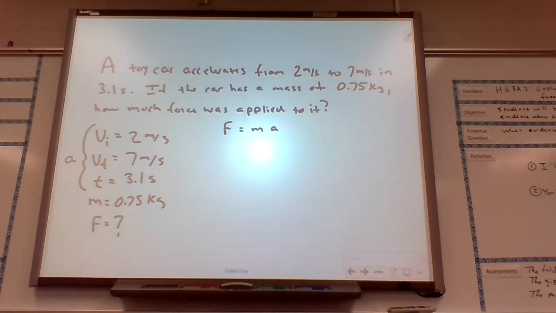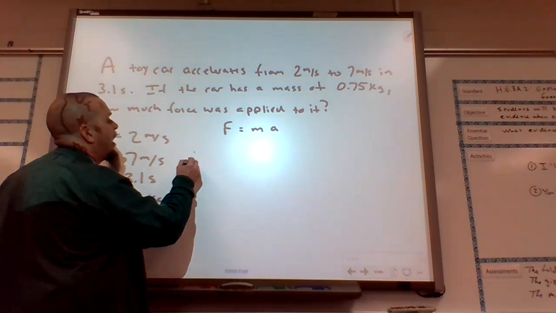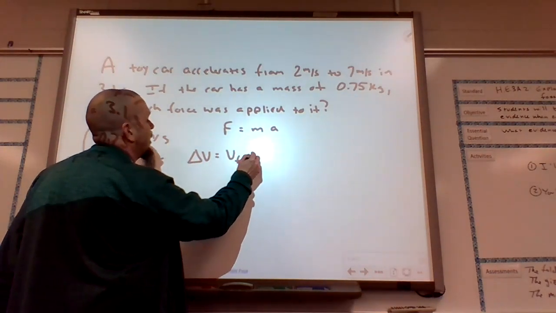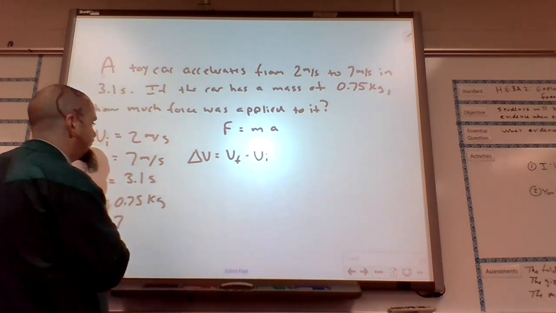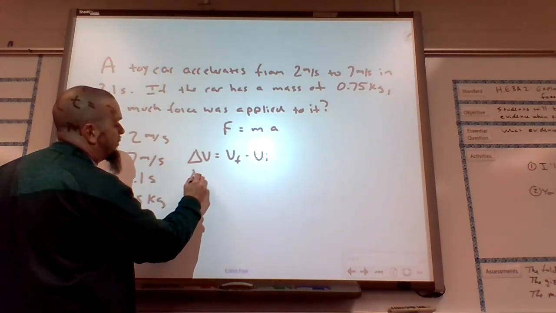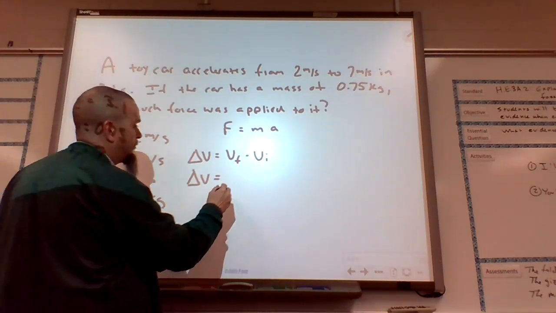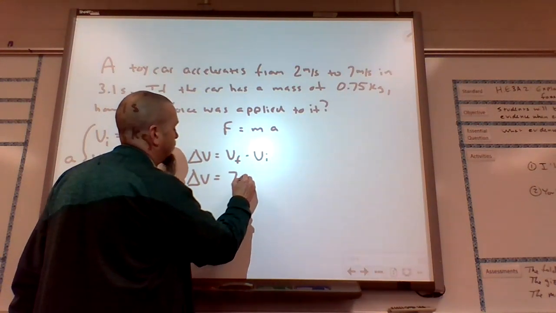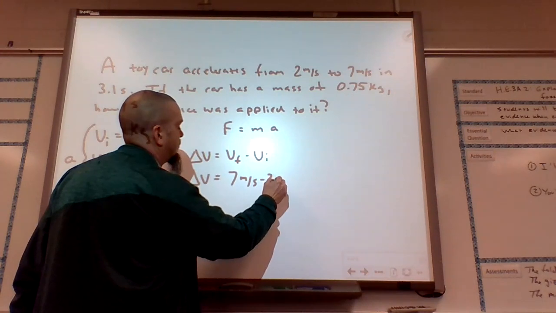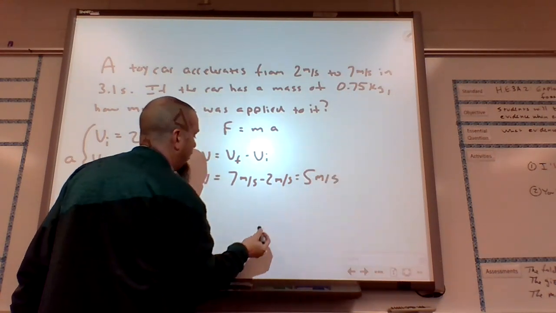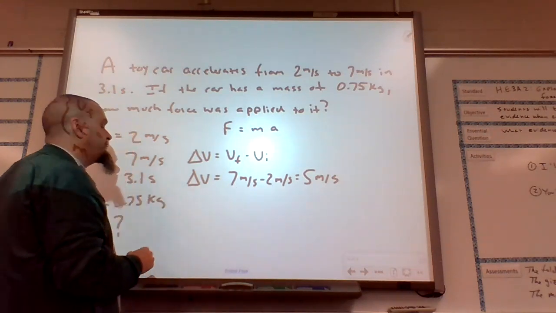I have a VF, I have a VI, and I have a t. I know delta V equals VF minus VI. So delta V is equal to 5 meters per second.